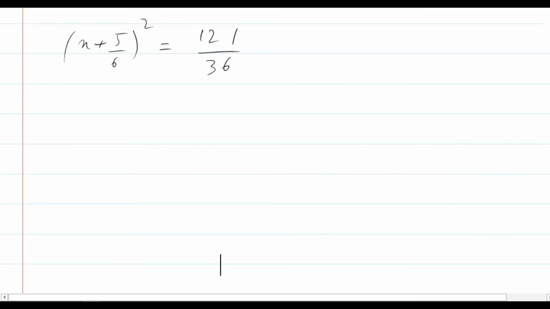Now you can take the square root on both sides and you are left with x plus 5 over 6 equal to plus minus 11 over 6. So x is equal to minus 5 over 6 plus minus 11 over 6.